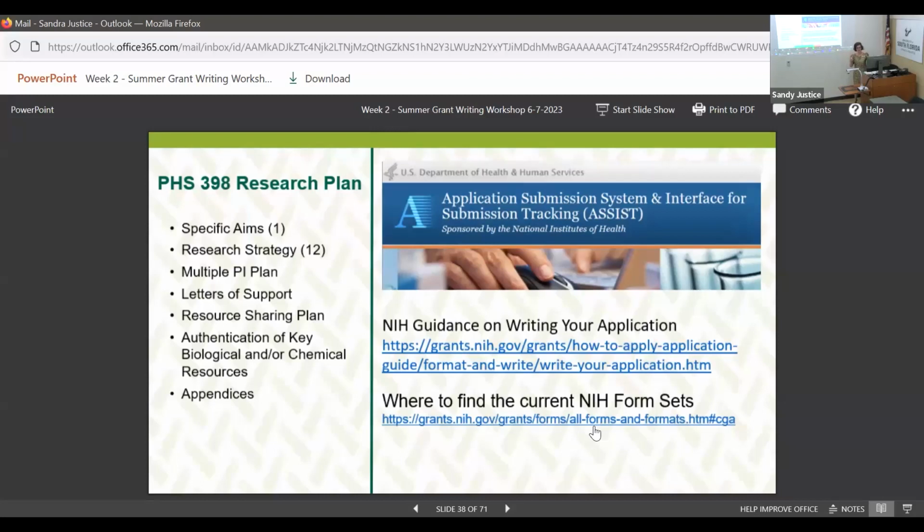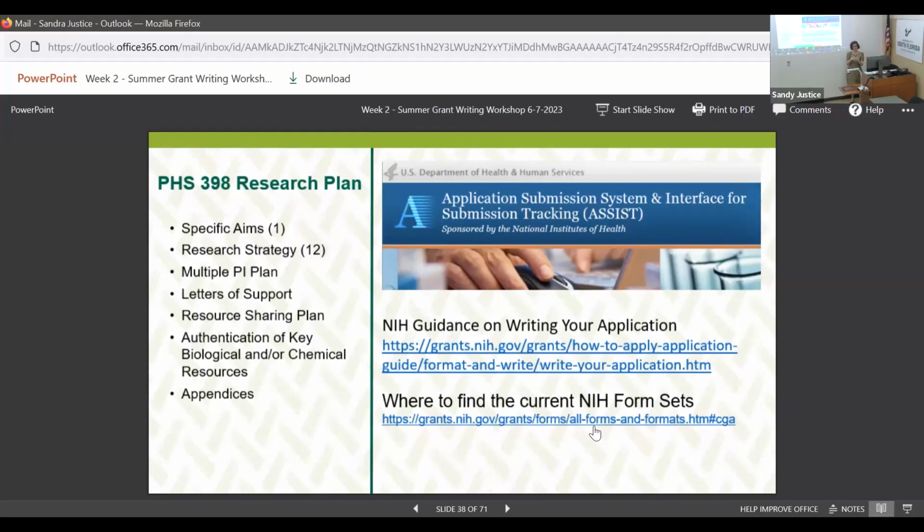And these are the pieces that you're going to upload in a 398 form. Remember I said you're going to go into grants.gov or whatever, and it's going to say you only need 4 things, right? Well, those 4 things are going to need 12 things. So you're going to have a 398 form. You're going to upload your specific aims and your research strategy and your multiple PI plan and your letters of support. And it's going to have rules.